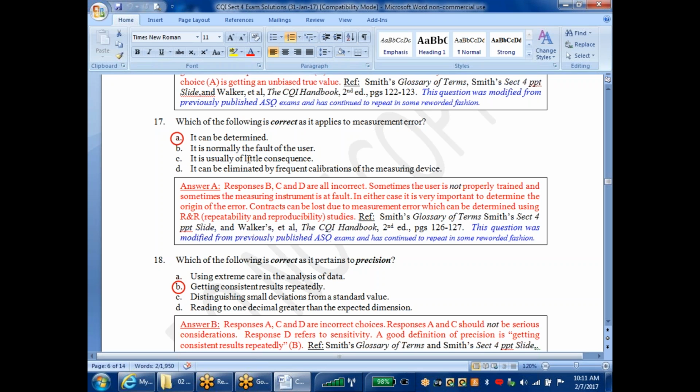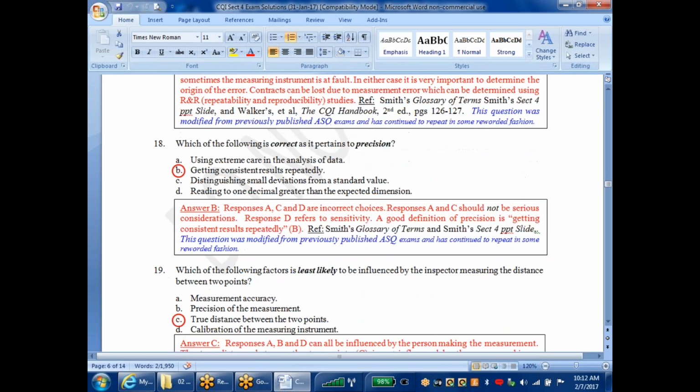I wouldn't call measurement error of little consequence. And D, it can be eliminated by frequent calibration. Well, no, calibration is not going to affect measurement error. Measurement error is what it is. But we can determine measurement error by doing GR&Rs, and we can determine the effects of the user, the gauge and the environment.